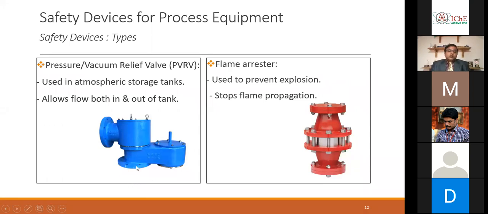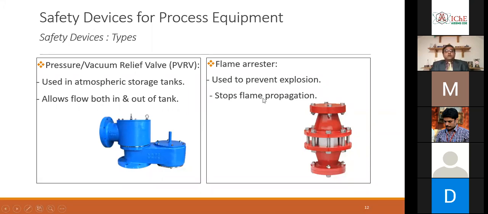It will take the fluid and discharge it to the external medium, and at the same time it will suck in fluid from the external medium and put it into the tank. So it is generally used in atmospheric storage tanks. We will see more about it in detail later. It allows flow both in and out of the tank.